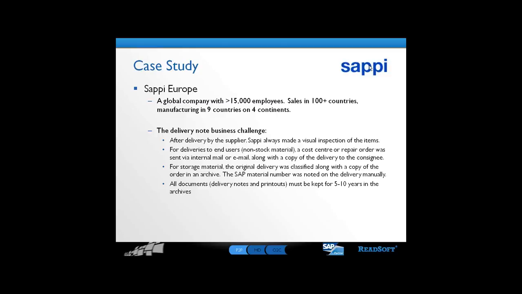And for each of those elements, they had different processes, different pieces of information needed, and different copies of information that needed to go together. And then all of that needed to be kept, obviously, as part of compliance for 5 to 10 years in the archive. So again, whilst the principle of delivery notes can be the same, there was a lot of high volume information here and lots of different pieces of information that needed to be captured for the different processes.